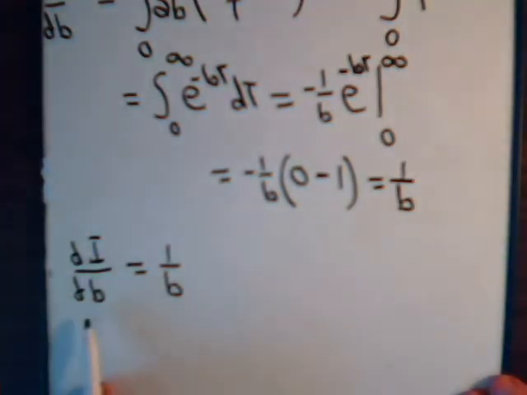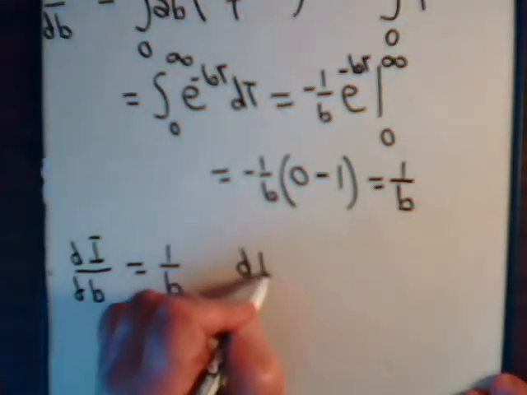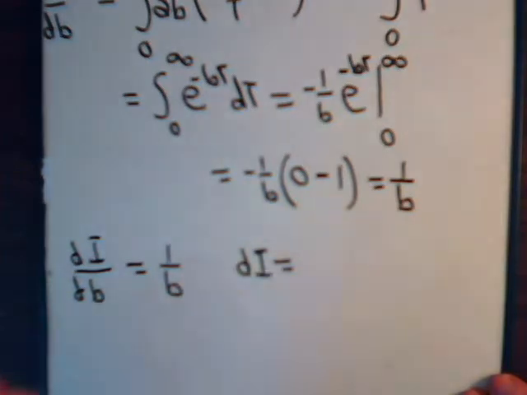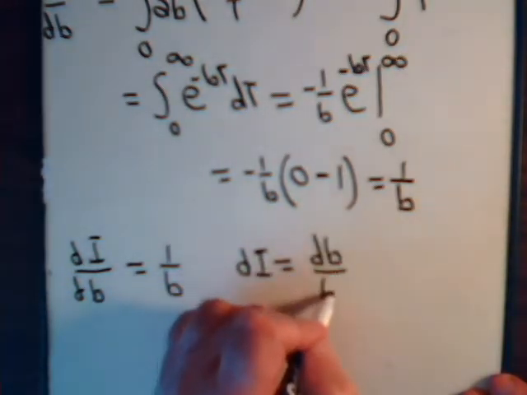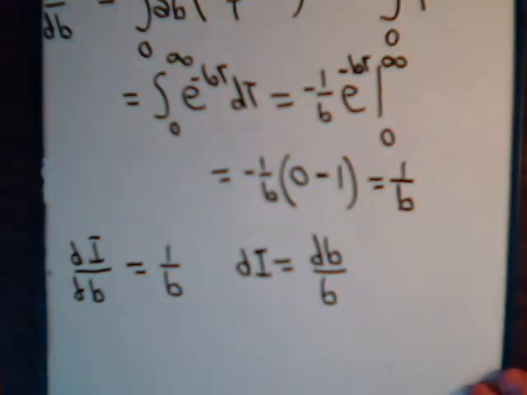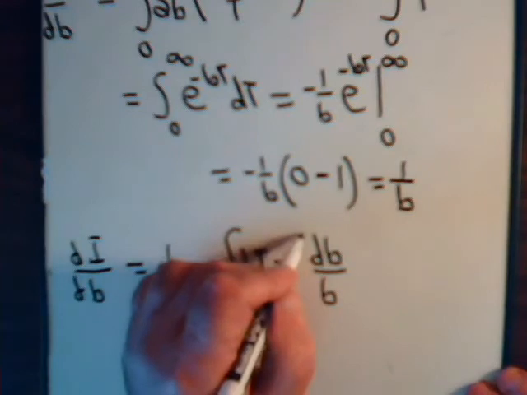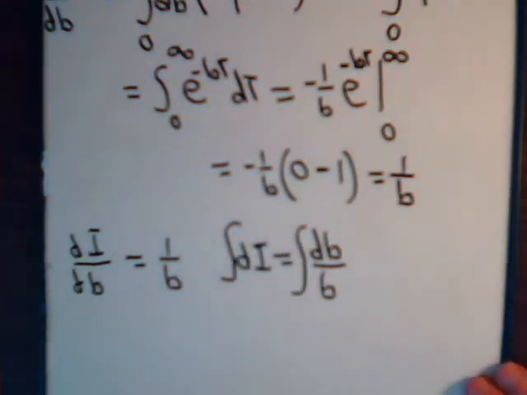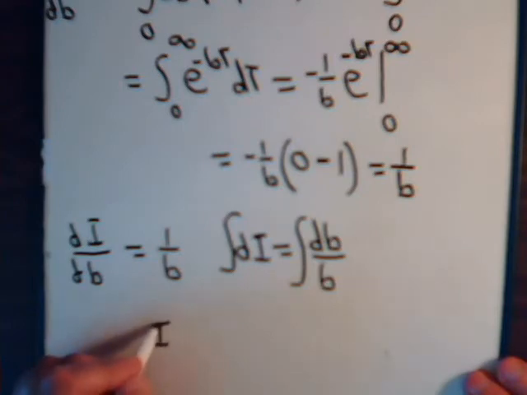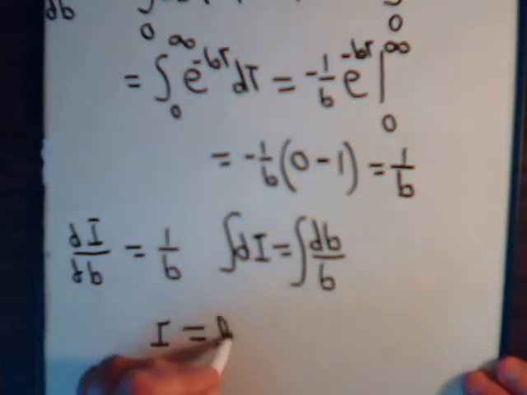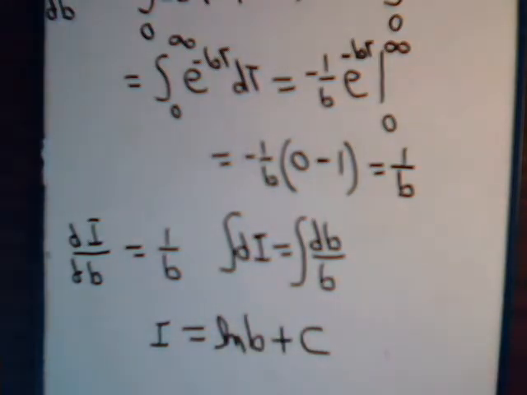So multiply both sides of the equation by db, and we have dI equals db over b. Again, just treating the I as a variable, we can integrate, and we have I equals the ln of b plus a constant.